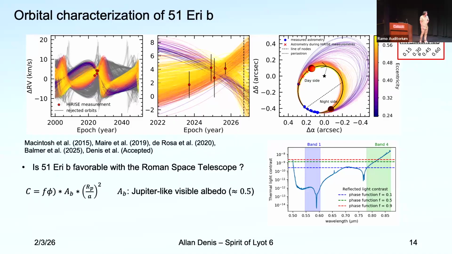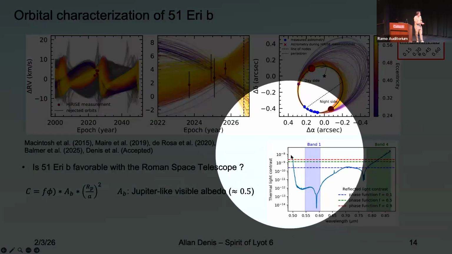And one thing we can wonder is whether 51 Eri b is favorable with the Roman Space Telescope because it is a target of great interest for this telescope. And so if we compute the reflected light contrast and compare it to the thermal light contrast, we have the conclusion that it is not favorable with the Roman Space Telescope because the contrast is really too low.